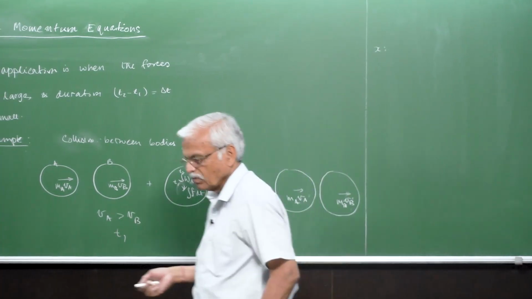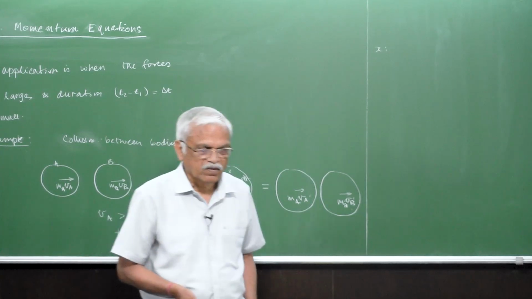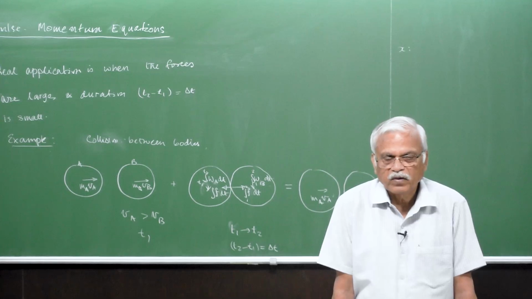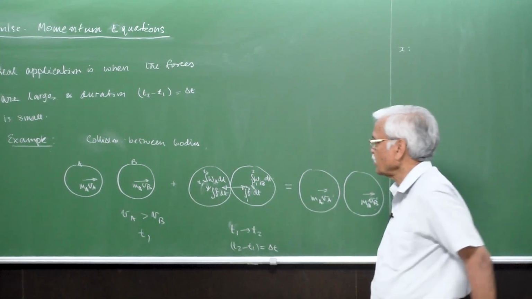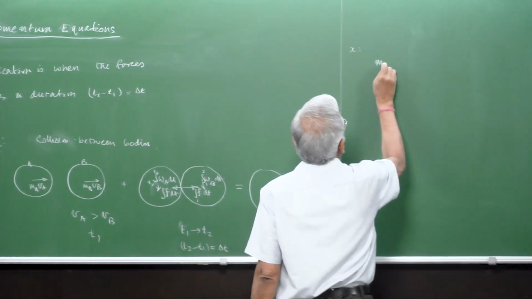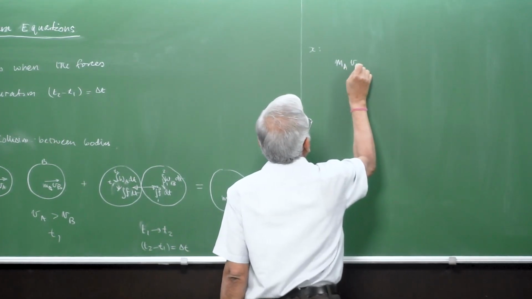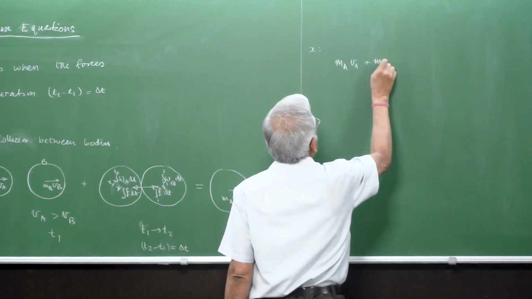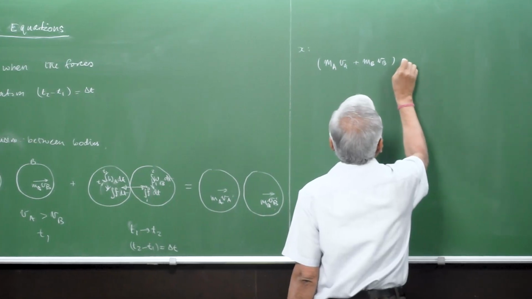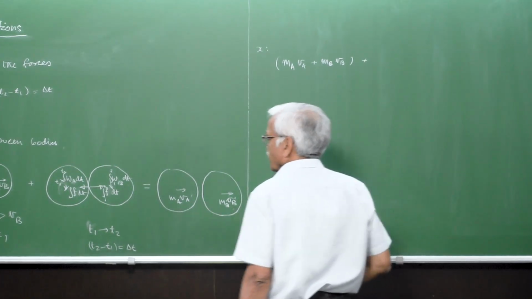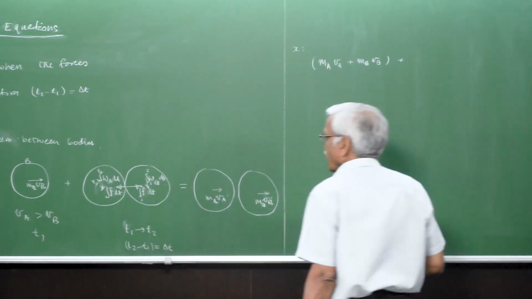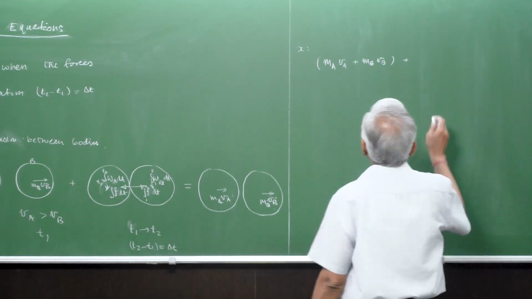Even earlier we could apply the equilibrium of forces for one body or even two bodies together. So here also we'll do the same thing. What we do is mA vA plus mB vB, plus, the interesting part here, in the x direction we have minus F dt and plus F dt, which cancel.